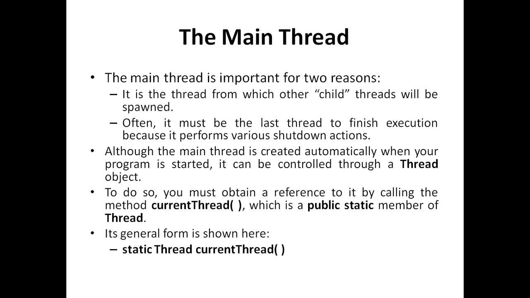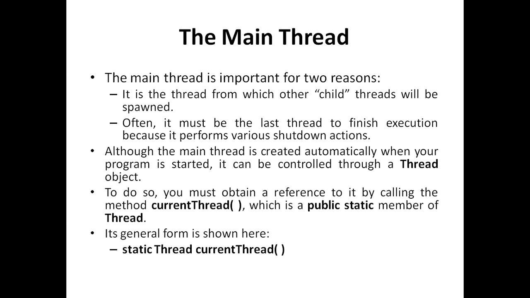Next is the main thread. As soon as your program starts execution, the main thread is automatically created. Whatever programs you have executed till now, all those Java programs are run on a main thread. The main thread is important for two reasons. It is the thread from which other child threads will be spawned.